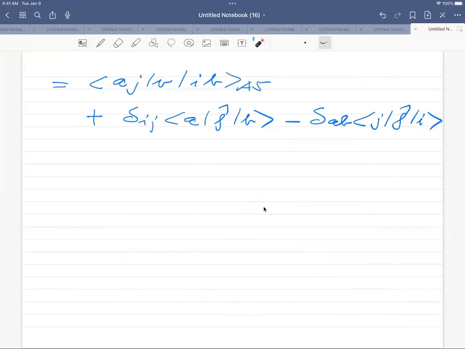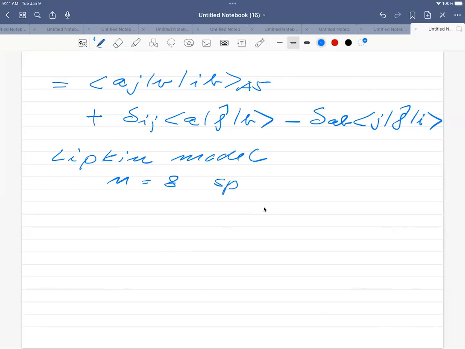So just as a small digression, before we take a small break, if we now look at the Lipkin model, which we had in the weekly exercise last week, and also parts of it this week, in this specific model, what we have is n equal to 8 single-particle states. And we have n equal to 4 particles.